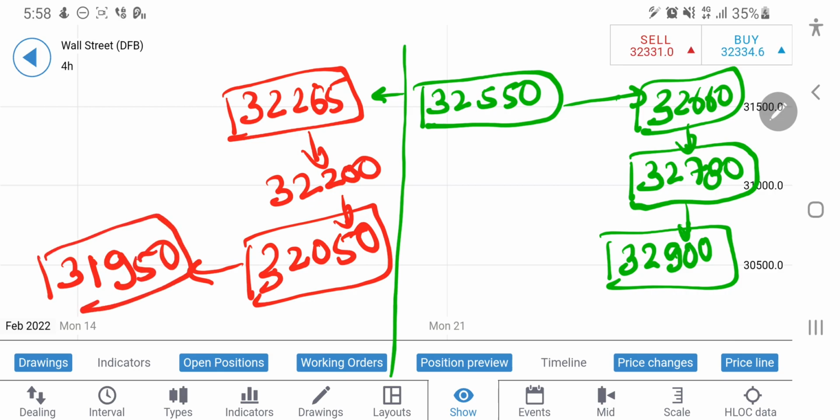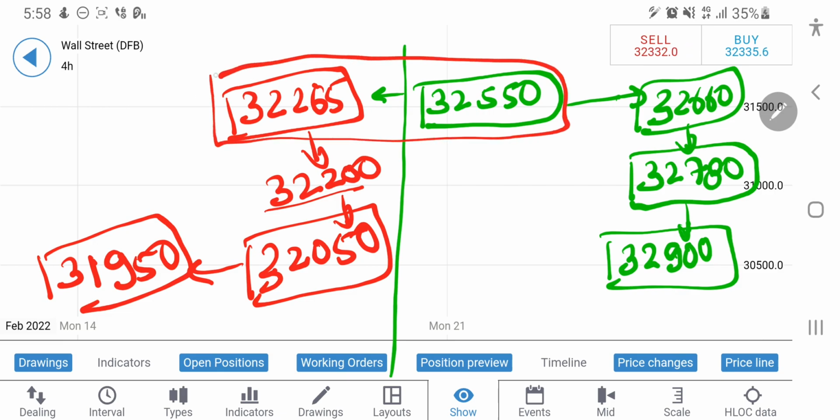So on the downside, the drop can be sharp if it trades below 32,265 this time. Possibly we may see 32,200 and 32,050 levels. And please don't take a position in between these zones, that is 32,265 to 32,550 levels.